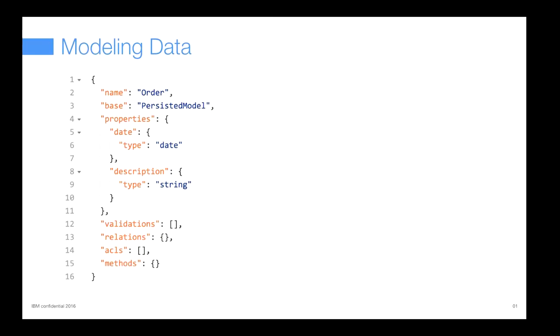So in LoopBack, like I was saying before, models allow you to describe the structure of your data. In this example, we have an order model with two properties, date and description.